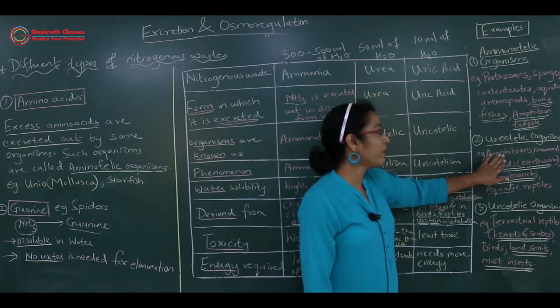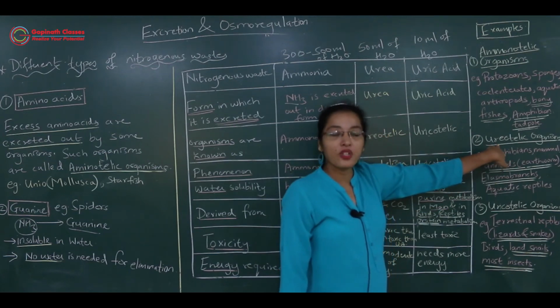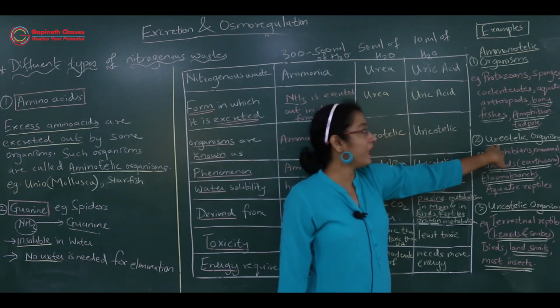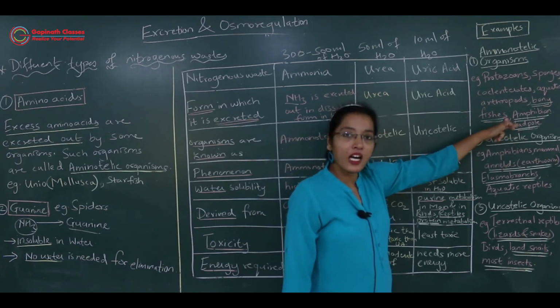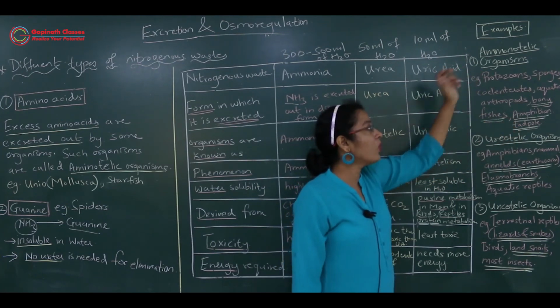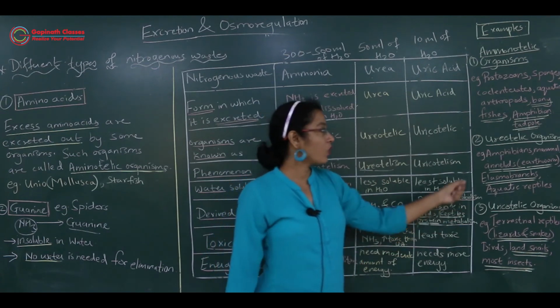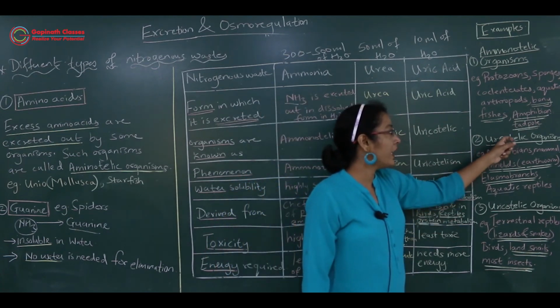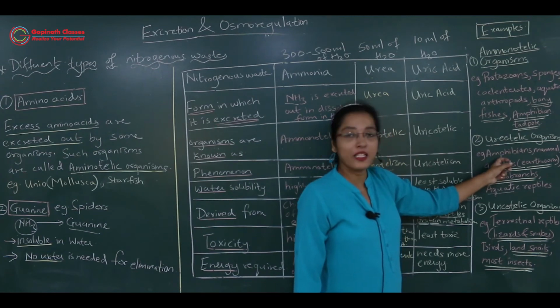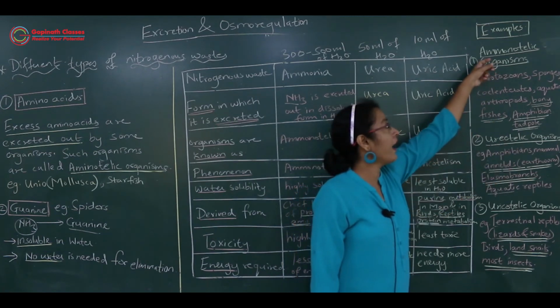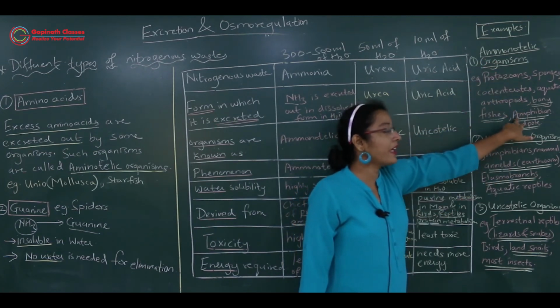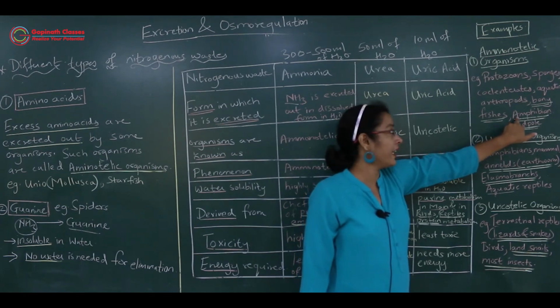So all amphibians will excrete urea as nitrogenous waste, wherein amphibian larvae will excrete ammonia as nitrogenous waste. Got it? So ureotelic organisms में adult amphibians आएंगे, and ammonotelic organisms में amphibian के larvae आएंगे.